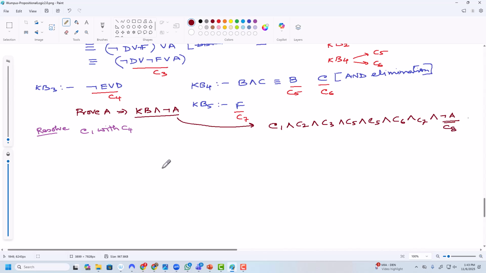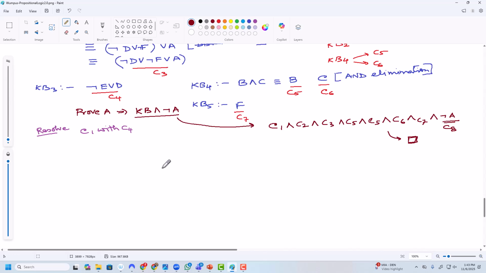After resolving we have to show that we get a null clause. If we get a null clause, not A is false, that means A is true, that means KB entails A. So it's a proof by contradiction, remember.